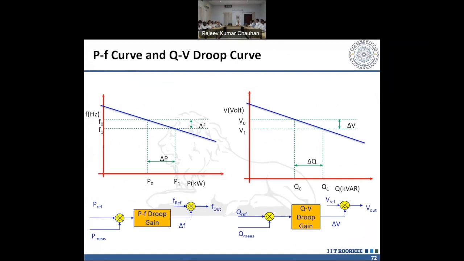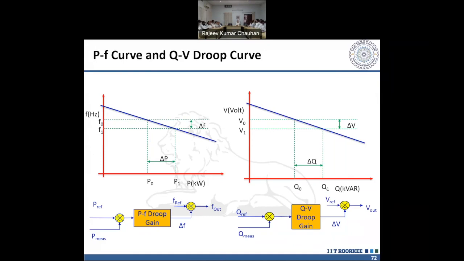And here, as your reactive power increases, your voltage will fall down. You are normally operating at, say, F0 and V0, on this line. Whenever there is a change in the power, there is a drop in the frequency, and a drop in the voltage.